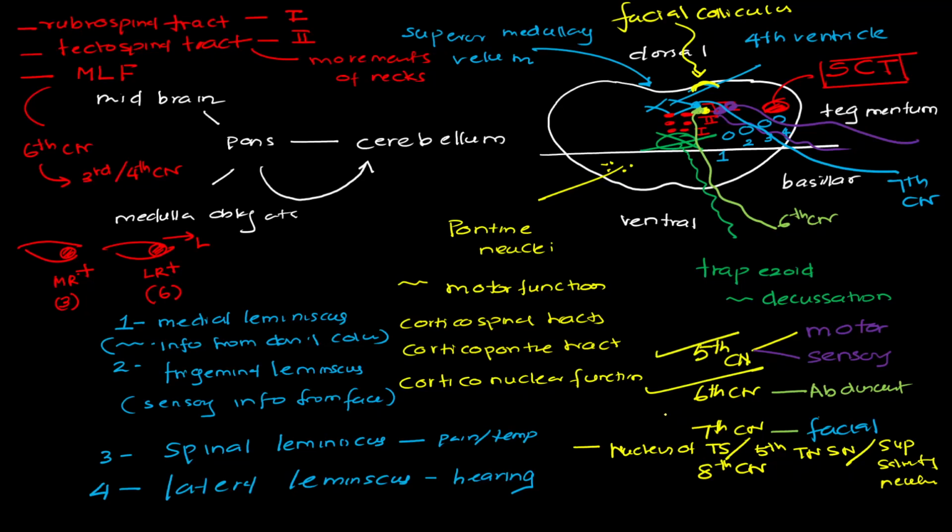Right? Fifth, sixth, seventh, and then there's the eighth. The eighth is composed of two nuclei, one would be the vestibular nuclei, the vestibular complex. That is the word that we use, vestibular complex, which is important in maintaining posture, the balance and everything.